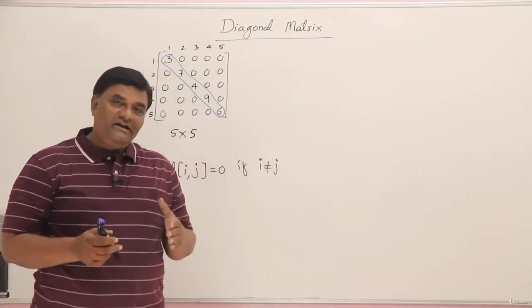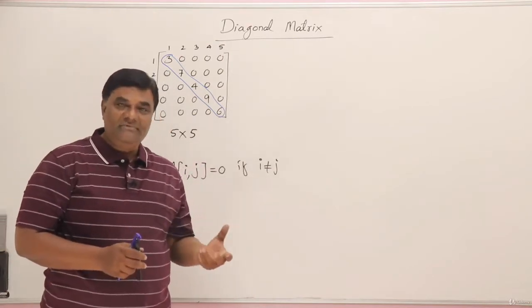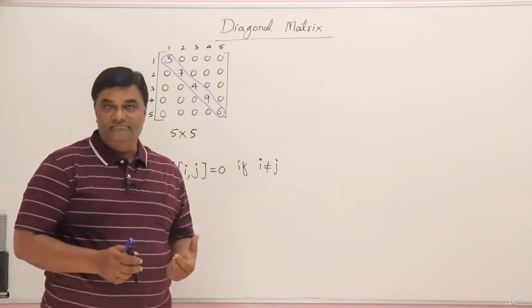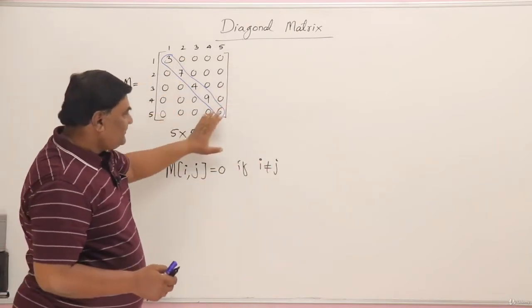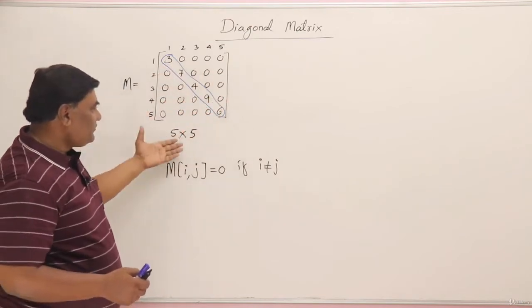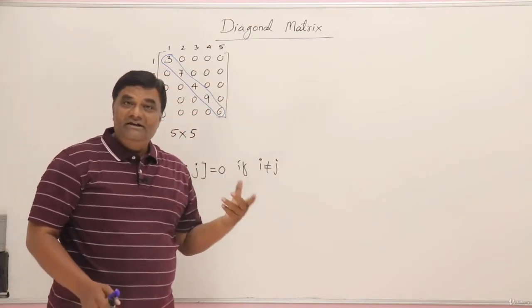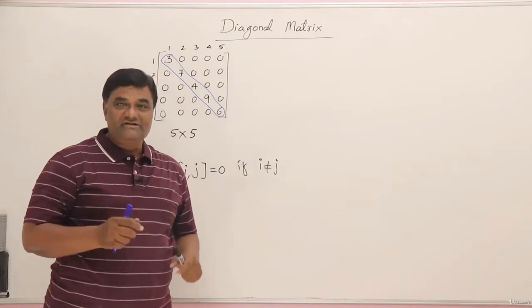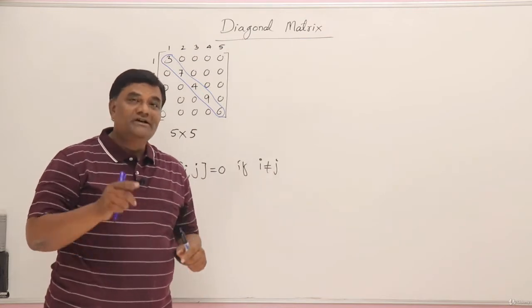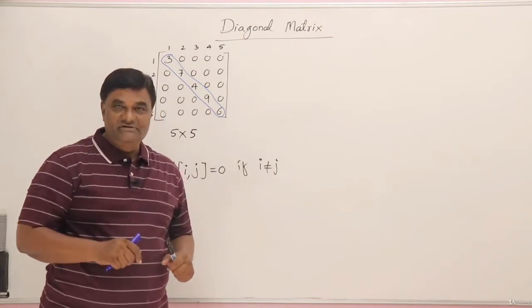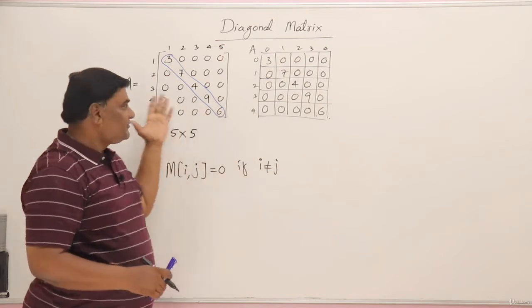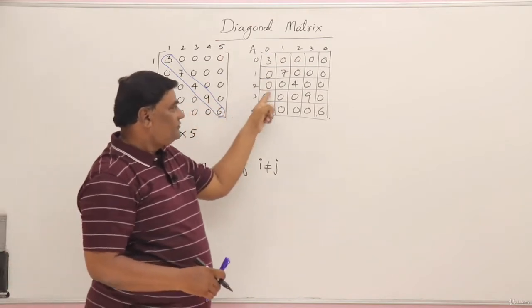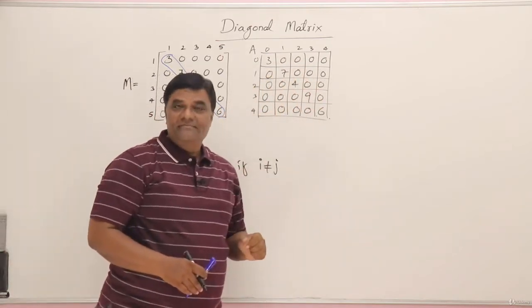Now, if I have to represent a diagonal matrix in a program, then for a matrix I have to take a two-dimensional array, 5 rows and 5 columns. But if I take a two-dimensional array of size 5 by 5, most of the elements will be zeros. So like this, if I take a two-dimensional array for storing this matrix, then most of the elements are zeros.